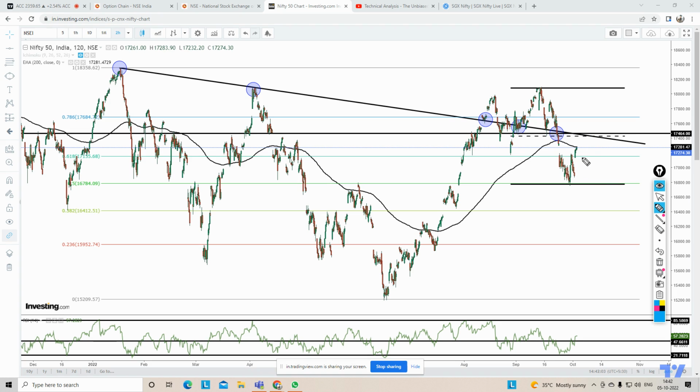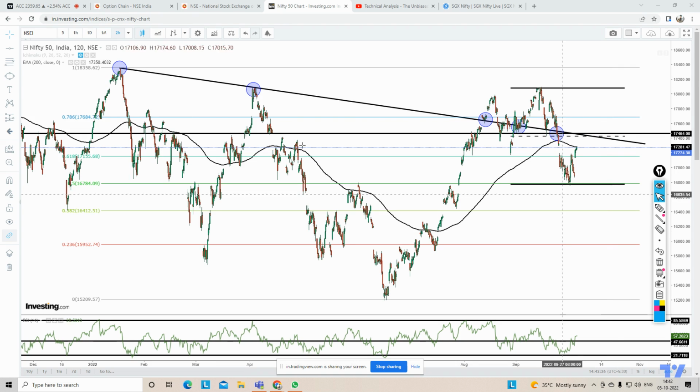Above the confluence point of this area, we have to see whether Nifty will make an uptrend from here onwards beyond 17,464, if Nifty is taking the support and surviving above this trend line, correct? This resistance trend line.